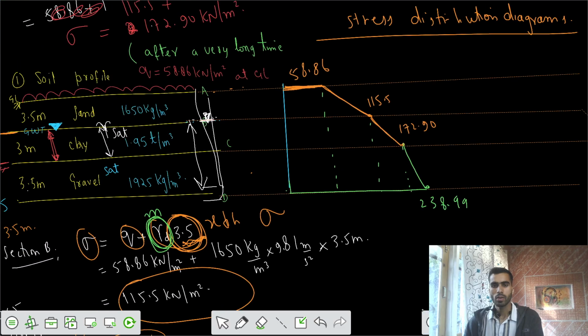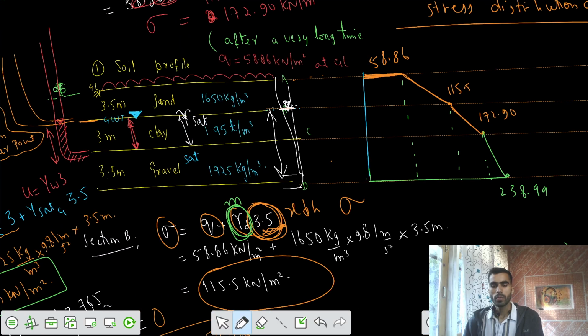So we can also say that the total weight above any cross section becomes a surcharge for the soil below.